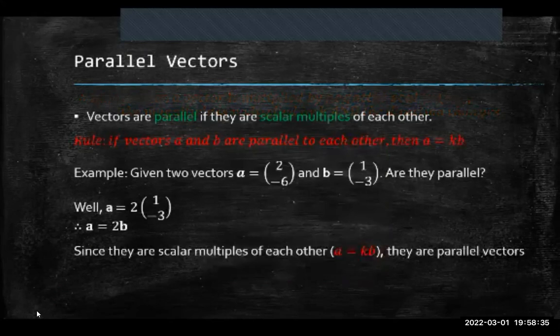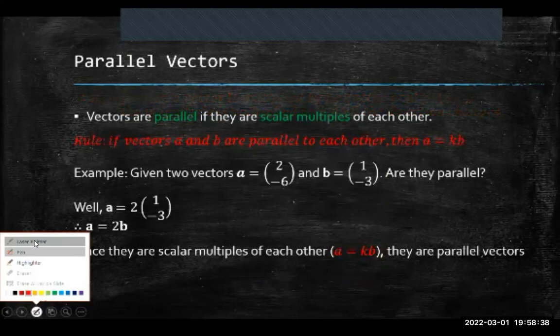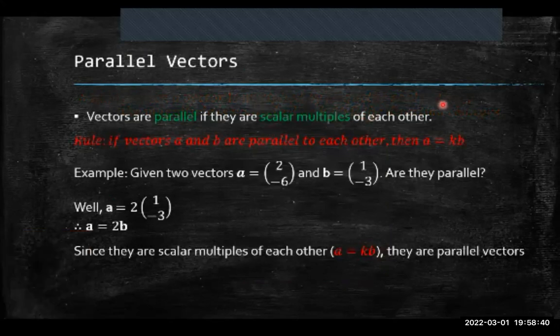Parallel vectors. Vectors are parallel if they're scalar multiples of each other. So you see that vector A and 2A would be considered parallel vectors because they're scalar multiples of each other. If vectors A and B are parallel to each other, then A is equal to kB. Remember, k is the scalar value.